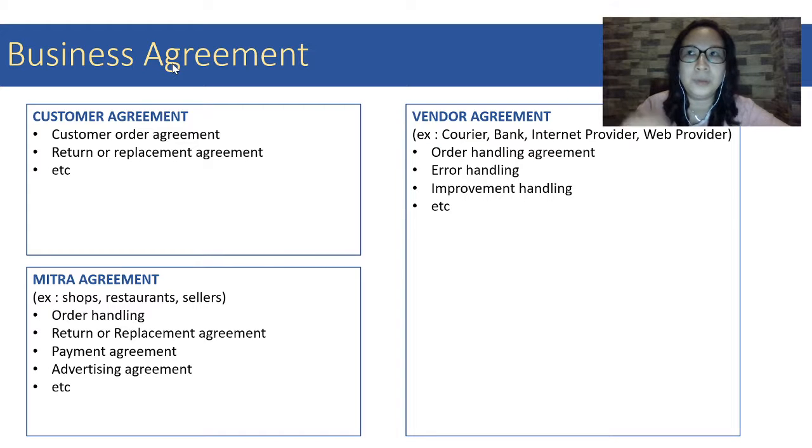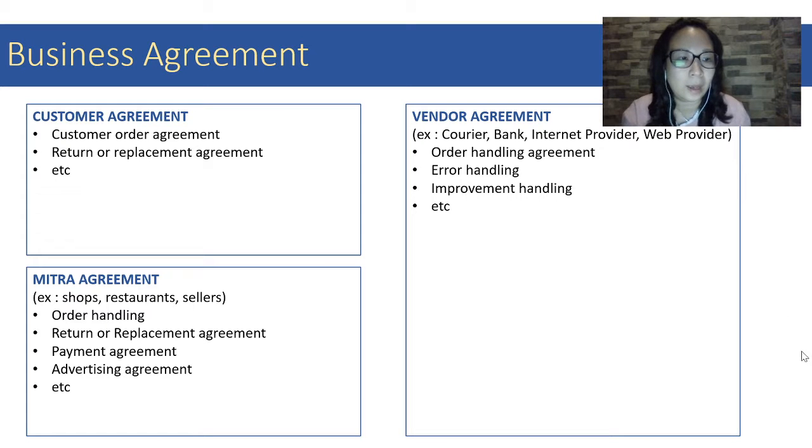Okay, so Shopee needs to explain to the seller that if you pay this amount, then your shop will be on the top of the application for how many hours or how many days.